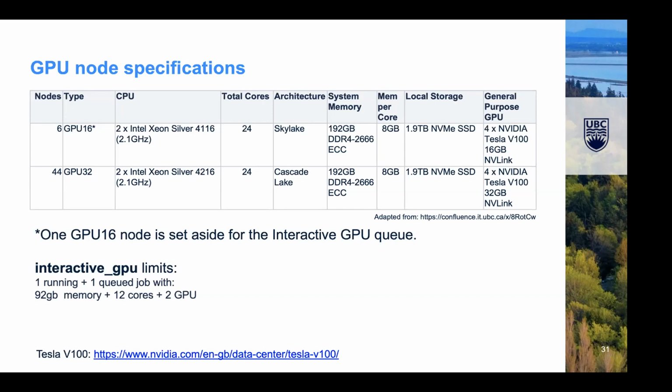I'll run through the table from left to right. I think the nodes is somewhat self-explanatory. We have 50 GPU nodes of X types. Each node has the corresponding CPUs available, and then the number of cores is the CPU cores.